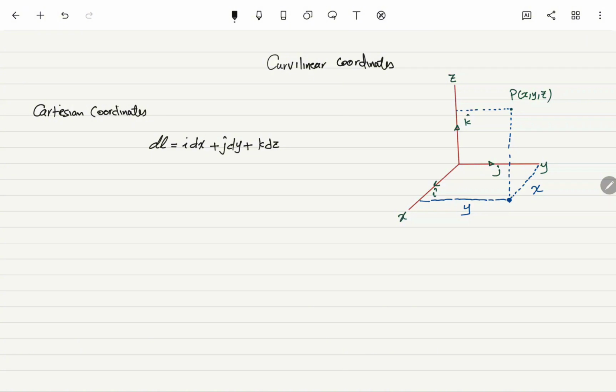Four things we are actually interested in: gradient phi, divergence A, Laplacian phi, and curl A. Now in Cartesian coordinates, gradient phi is i hat partial phi partial x plus j hat partial phi partial y plus k hat partial phi partial z.